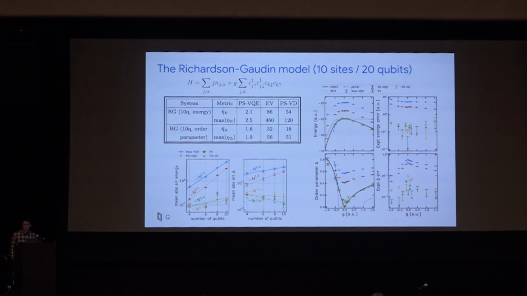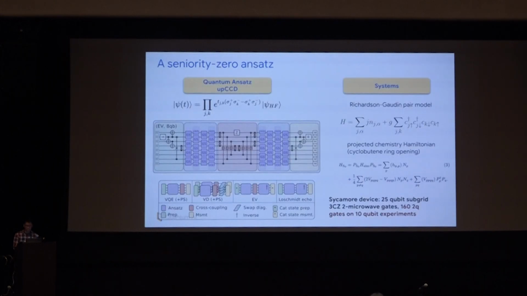Okay. So do you have some intuition for chemistry Hamiltonians in general, how these sort of methods should scale? In terms of the error with respect to unitary pair coupled cluster doubles or something else? Yeah, maybe in general, I don't know. Yeah, so these seniority zero Hamiltonians, PCCD works extremely well in general.